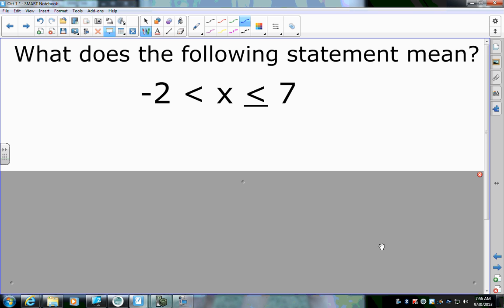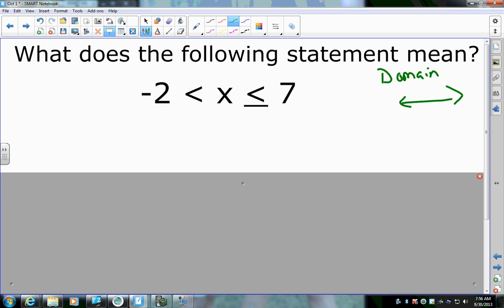Okay, so what does the following statement mean? If I see something like this, is it domain or range? It would be domain. It would be going from left to right. If I was graphing this, and this is only my X, on a number line, and I have -2 and I have 7, does my data equal -2?